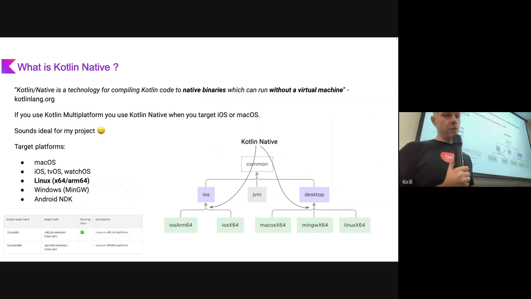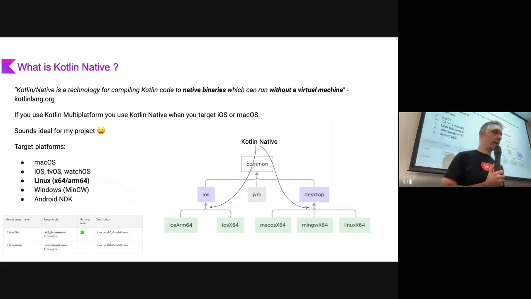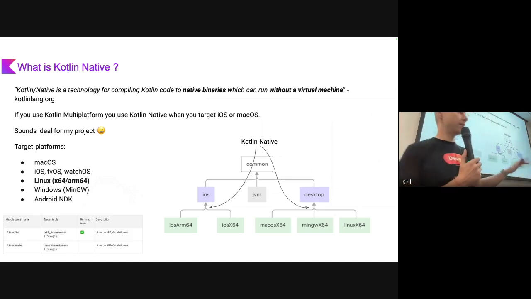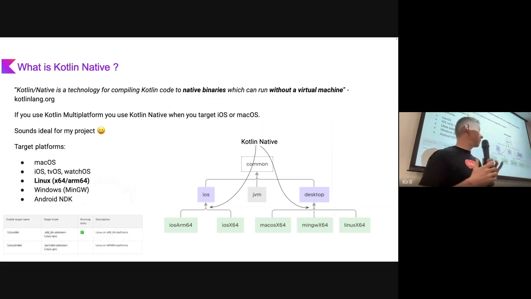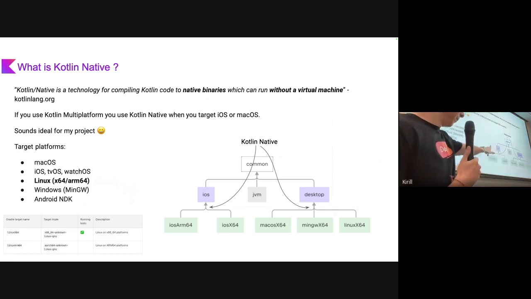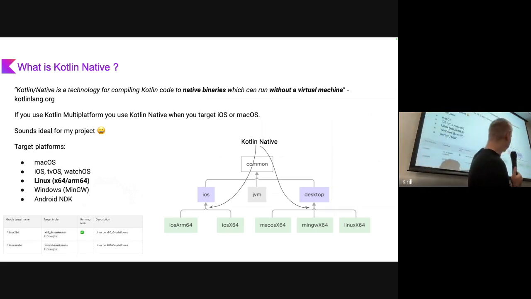And if you use Kotlin Multiplatform, you probably already use Kotlin Native, because whatever you target, iOS, macOS, that's already Kotlin Native. They didn't mention this one, but if you see this scheme, except JVM, iOS, desktop, this level is always Kotlin Native.